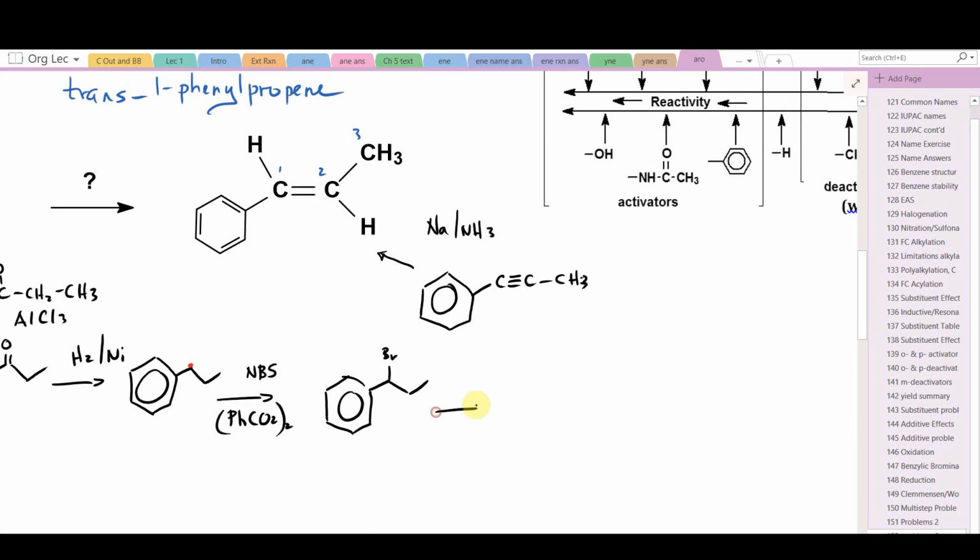Now we can use KOH in ethanol, and then we'll eliminate hydrogen bromide, giving us an alkene. That alkyl halide is a secondary alkyl halide, so that'll undergo elimination with a strong base.